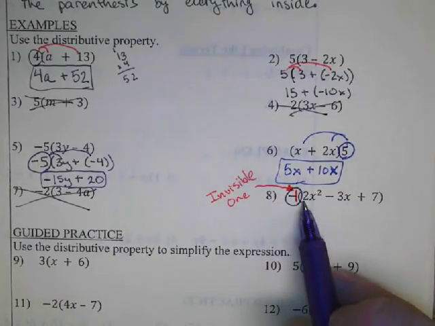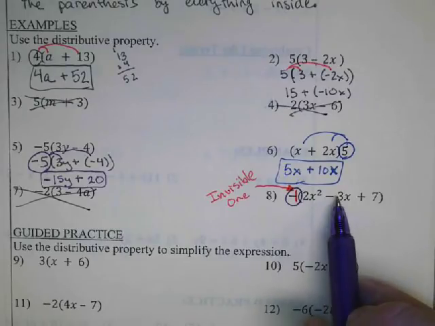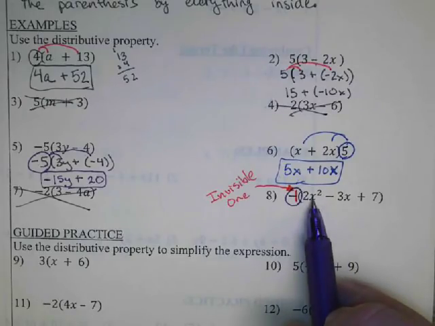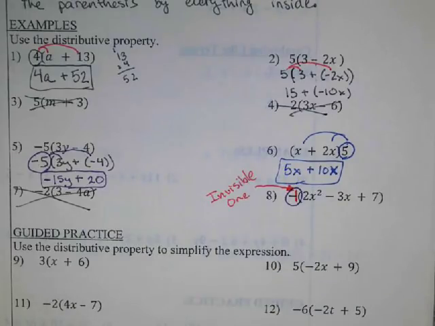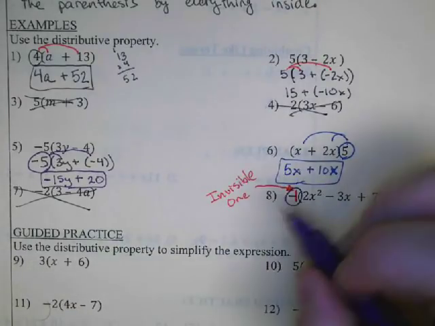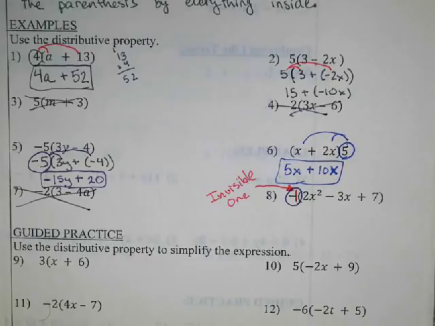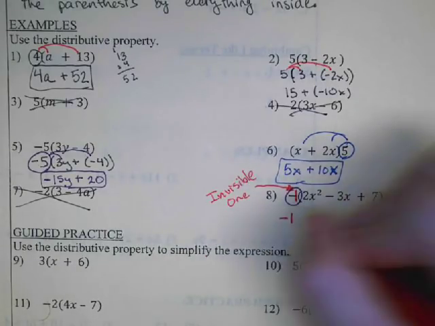Okay, but before I distribute that negative 1, I want to do anything where I have a subtraction. We're going to change subtraction to addition. Whatever's following becomes its opposite. So let's look at that. I have my negative 1 out front. Bring that down.